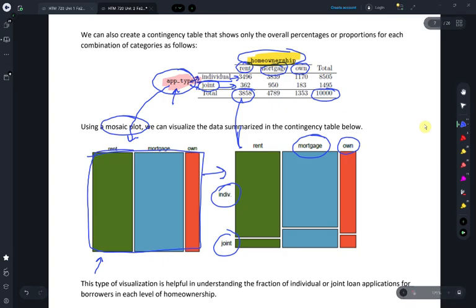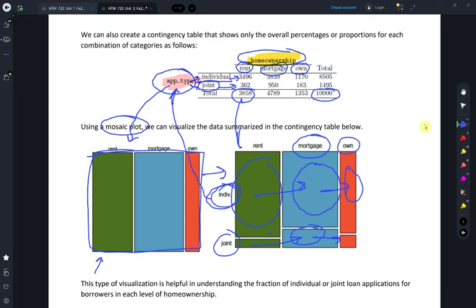So in this case, we can see some differences in the level of individual across the groups. So the question though is if this difference is significant enough to say that there is a relationship between application type and home ownership type. That will be reserved for inferential statistics. But at first look, this might suggest that the application type makes what? A difference in the home ownership type.